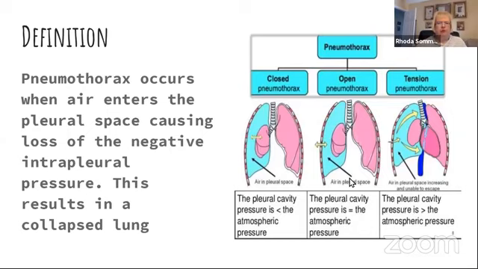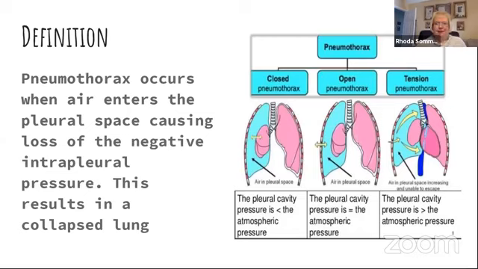An open pneumothorax is from when we have had a chest injury and there's an actual hole into the chest, or we've gone in and done surgery, and that will put air into that pleural space.